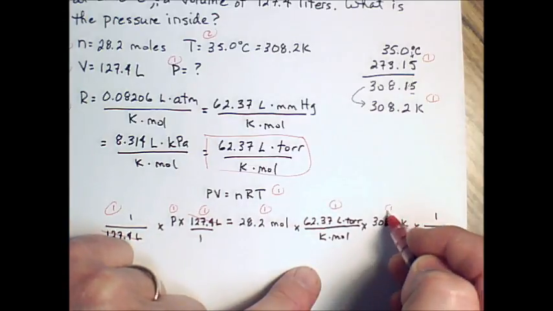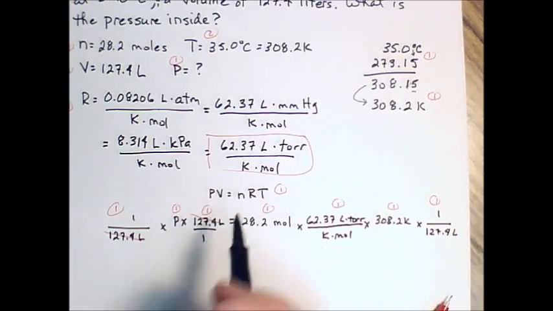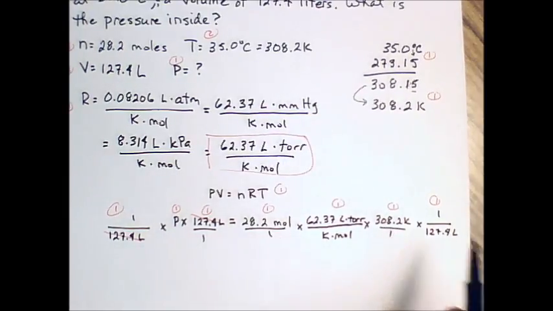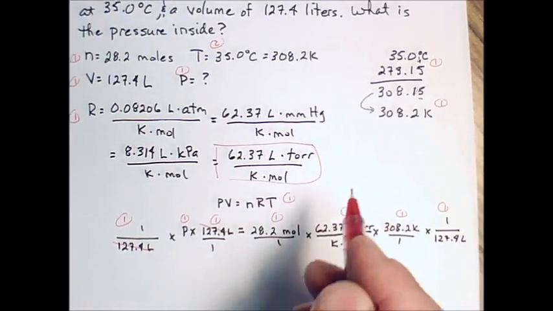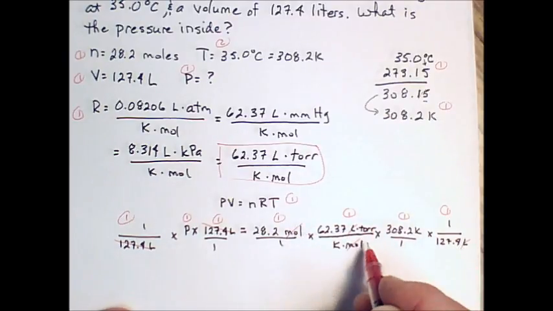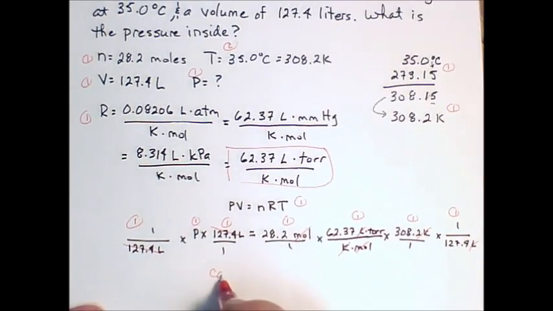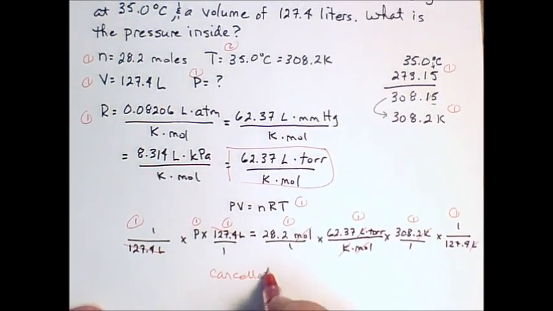Each of these things are worth a point. Now we're going to add a point for this. Put everything over 1 that we don't already have in a fraction. Cancel the units. This is going to be worth a point too. Okay, or actually 2 points. Cancellations are worth 2 points.